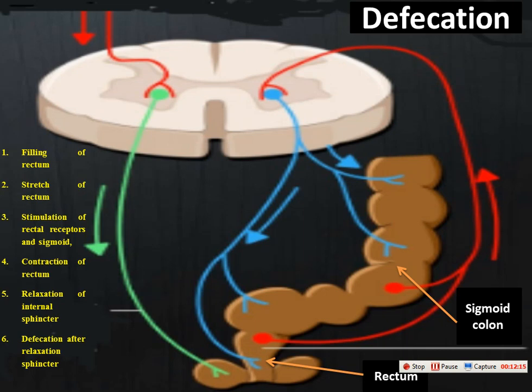This mechanism starts with the receptors found in the sigmoid colon, and these stretch receptors send the signal to the spinal cord to return back with a motor nerve to cause a contraction in the sigmoid and relaxation in the internal rectal sphincter, and so the undigested food reaches the rectum.